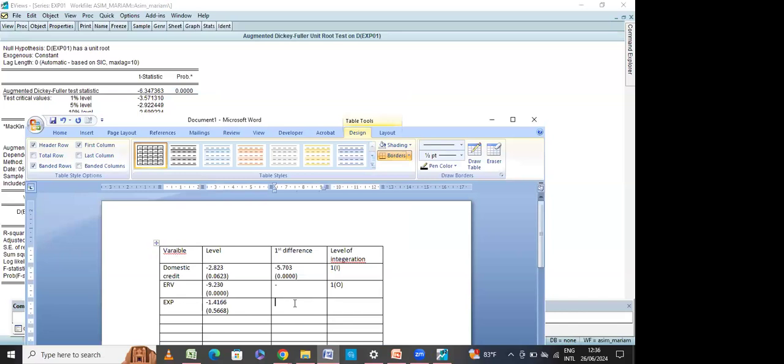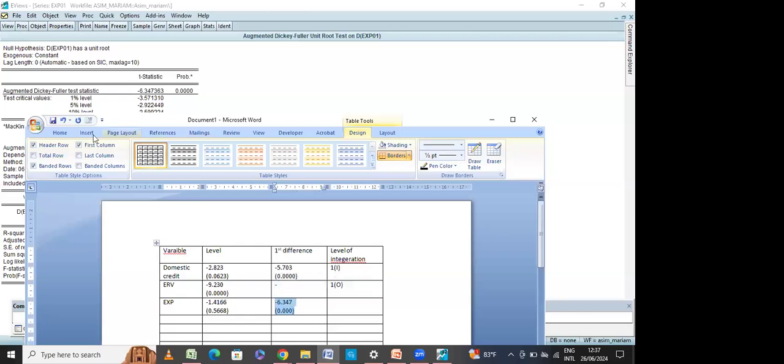Okay, now I have here at the first difference, I instructed EViews, please calculate at first difference. So it calculated, and now it is showing its value is less than 0.05.